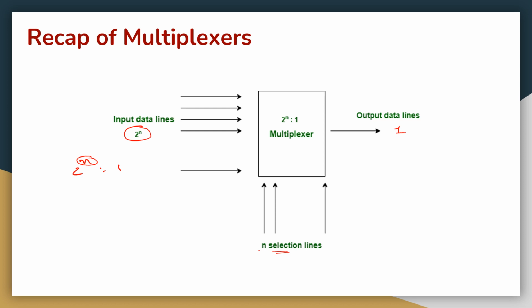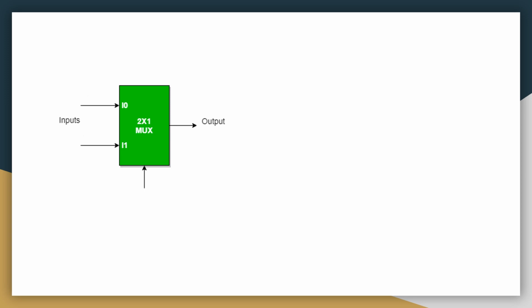Now, the demultiplexer concept is the exact opposite of the multiplexer. Examples of multiplexers: 2:1.